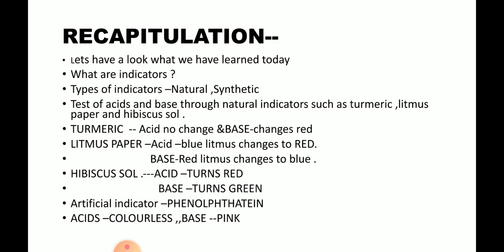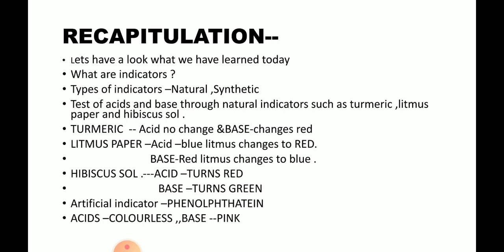If we dip the red strip, there is no change. In the base solution, if we dip red litmus paper, it will change to blue, and if we put blue litmus paper, it will not show any change. So we can say in acids, blue litmus changes to red, and in the base, red litmus changes to blue.